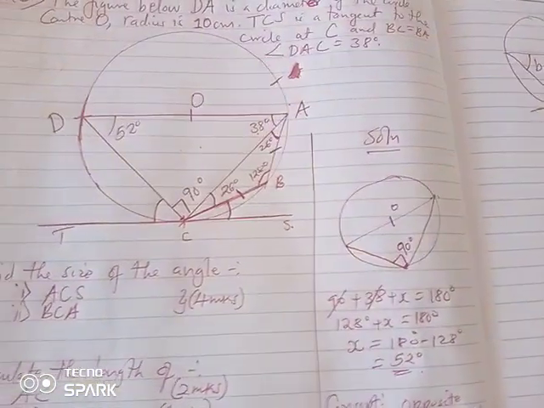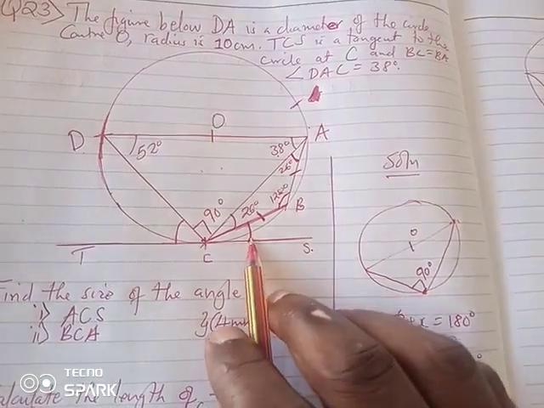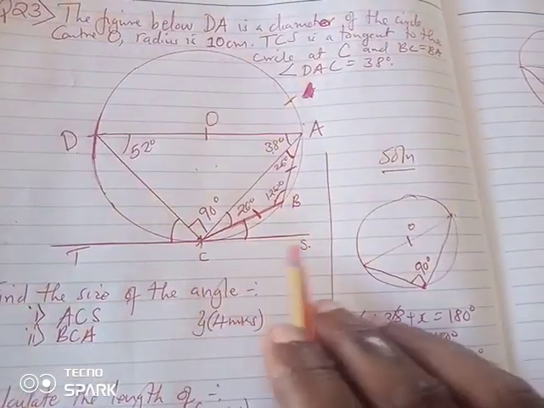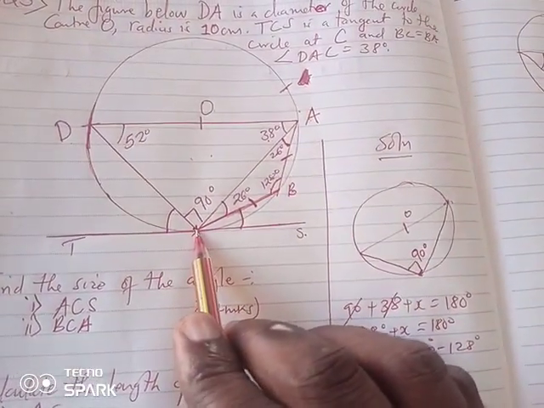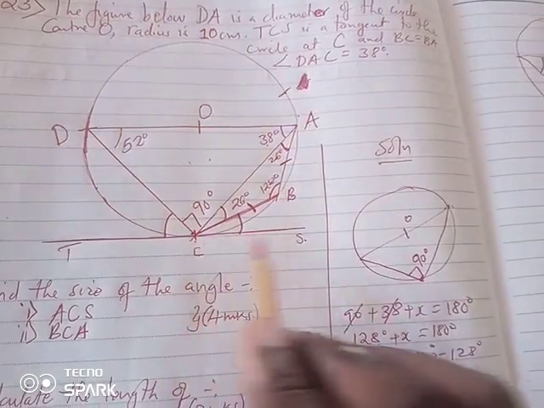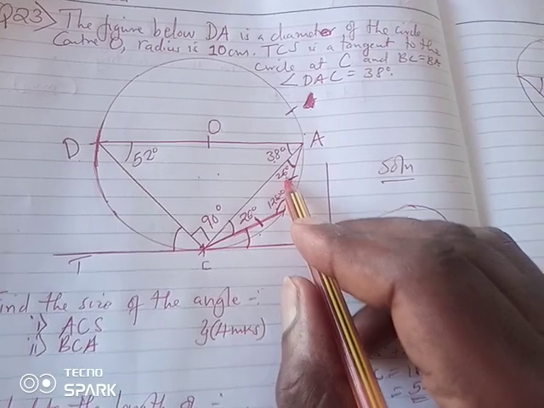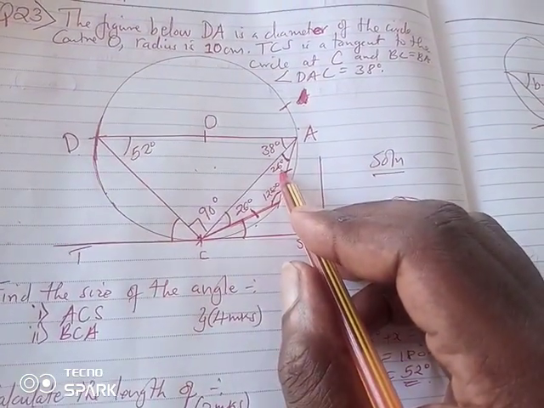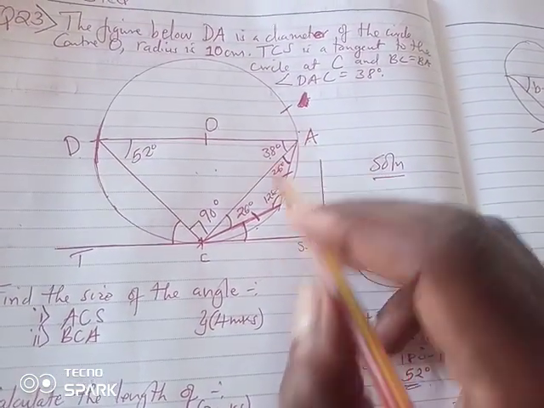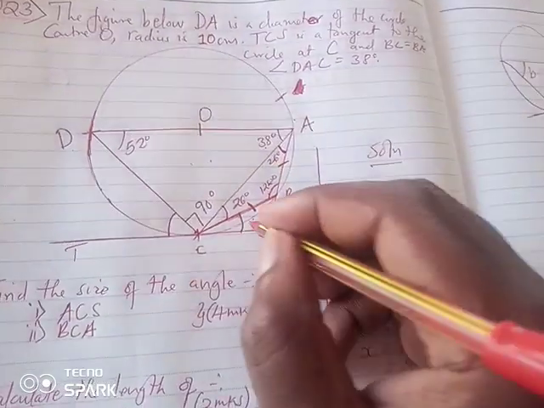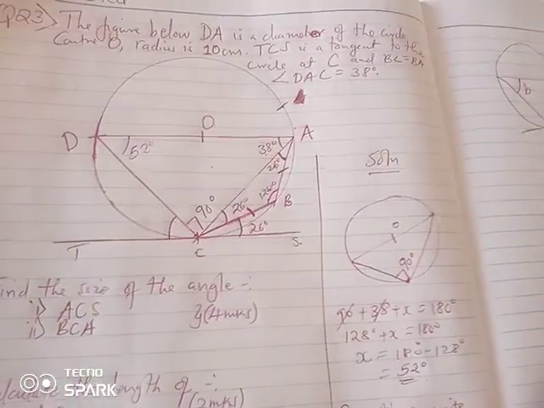Coming back to our diagram, the same thing we are able to see here. Taking this triangle about the tangent, angle BCS is in alternate segments with angle BAC, which is 26 degrees.